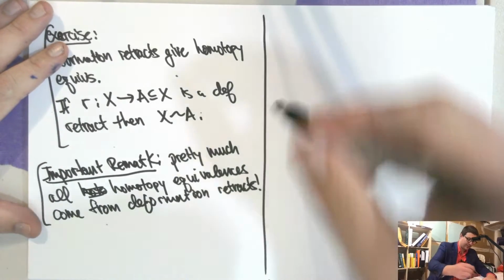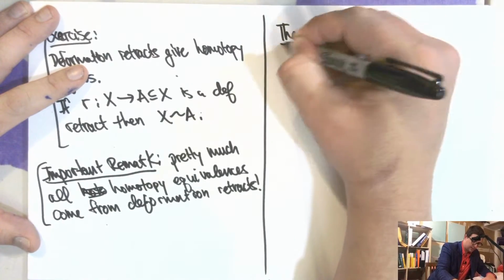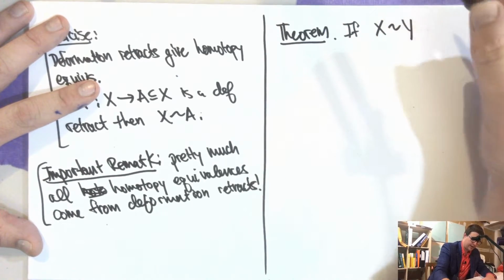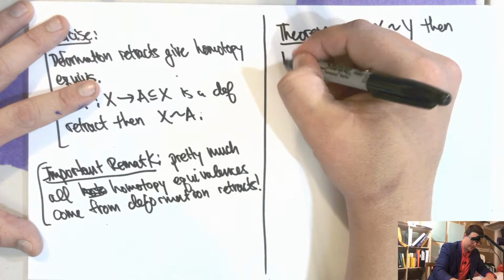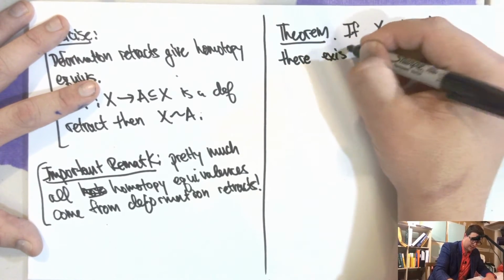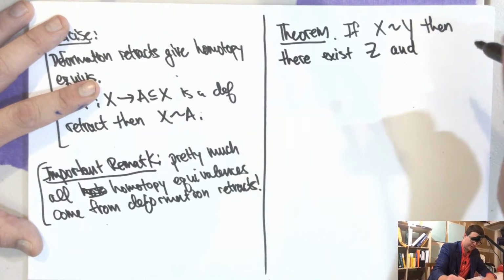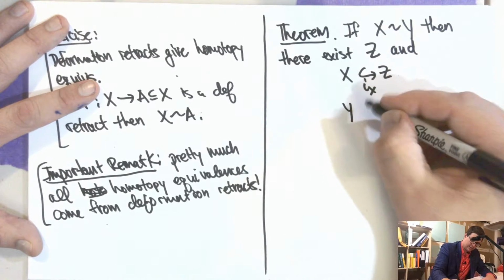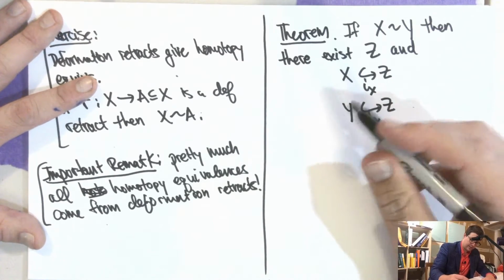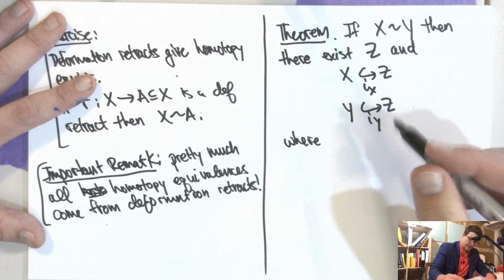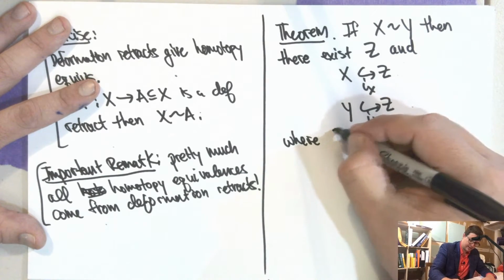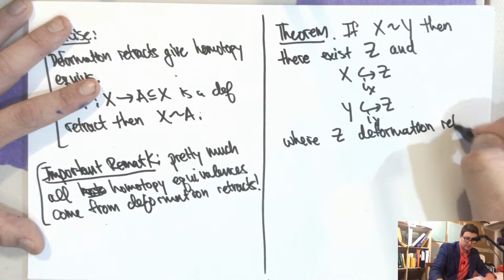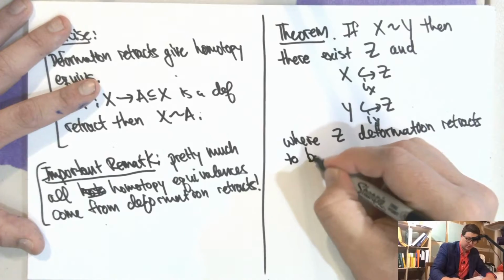So the theorem is the following: if X is homotopy equivalent to Y, then there exists some Z and two inclusions, so this would be the inclusion, where Z deformation retracts to both of them.